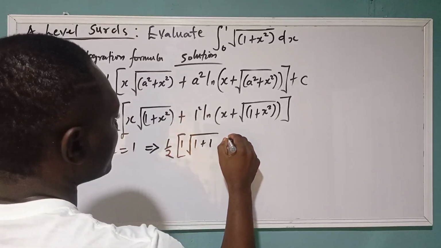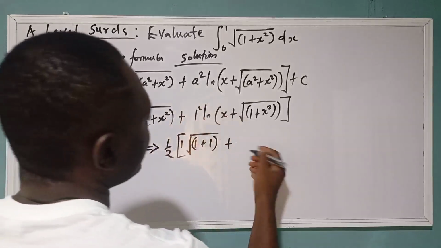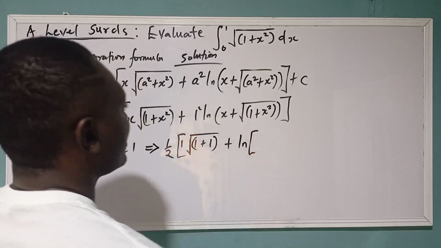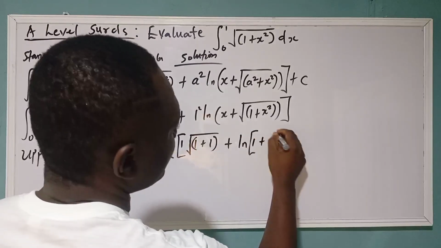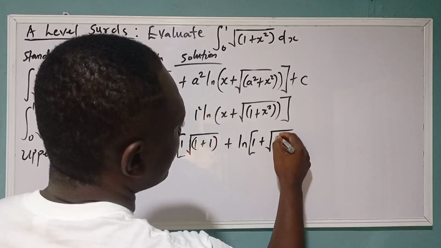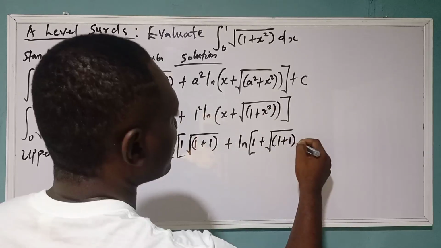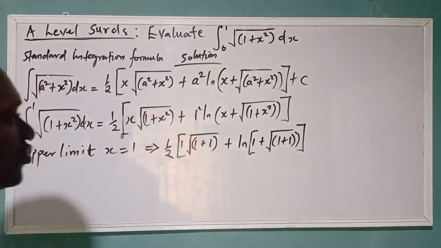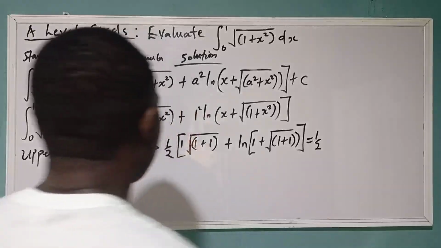So plus ln, then x is 1 plus square root of 1 plus 1 squared, and we close the bracket. To conclude this calculation, we'll be having 1 over 2.